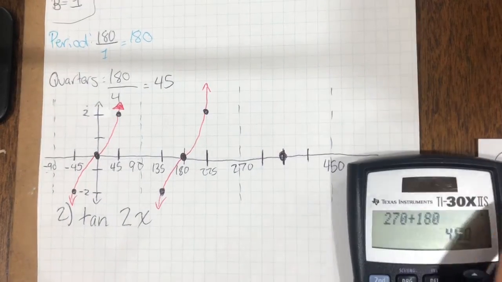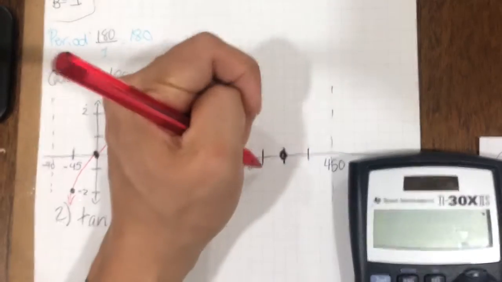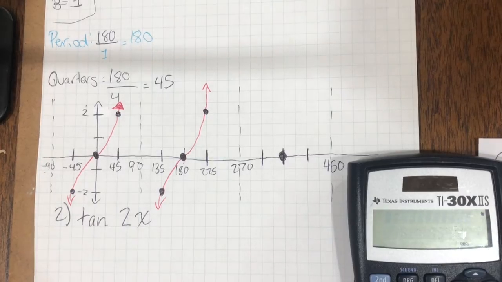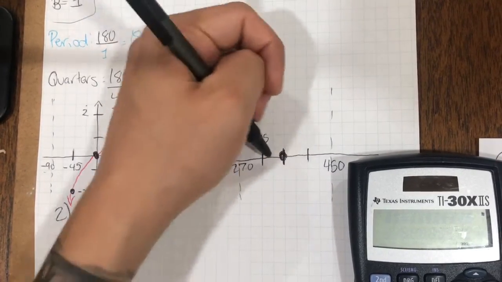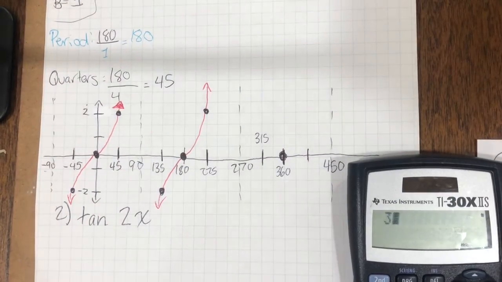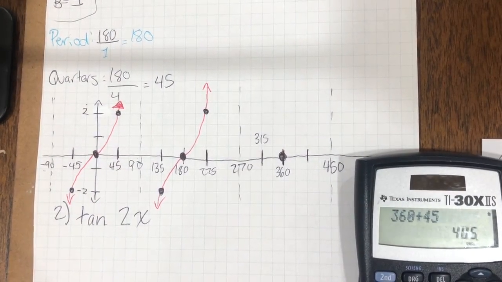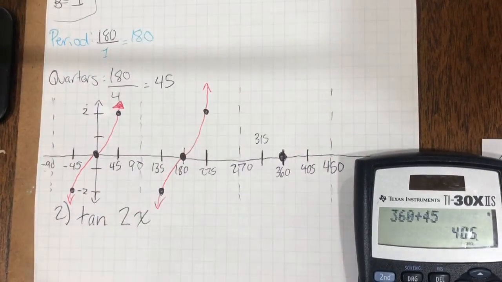If I add 270 to 45, I get 315. Then 315 to 360. If I add 360 to 45, I get 405, and then from 405 to 450.